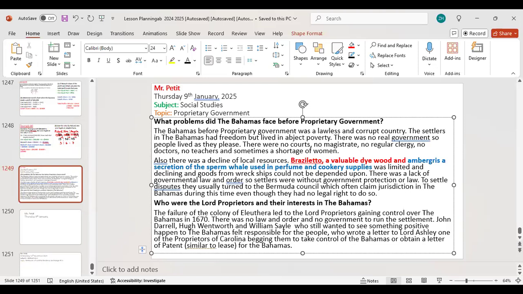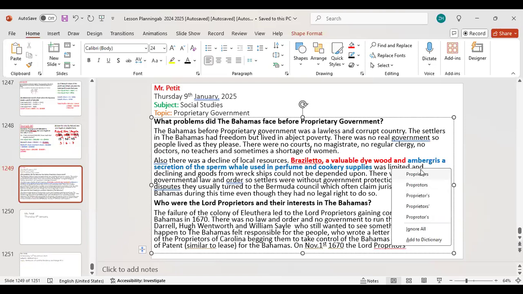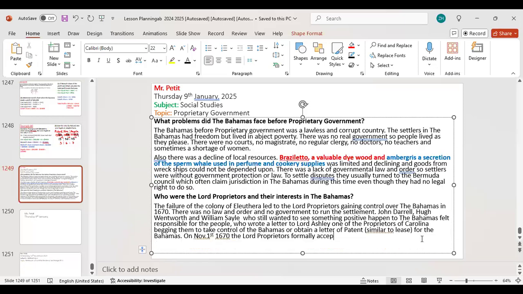On November 1st, 1670, it's a long time ago, the 1600s, the Lord Proprietors formally accepted the Bahamas as part of their grant, and the main reason was greed.